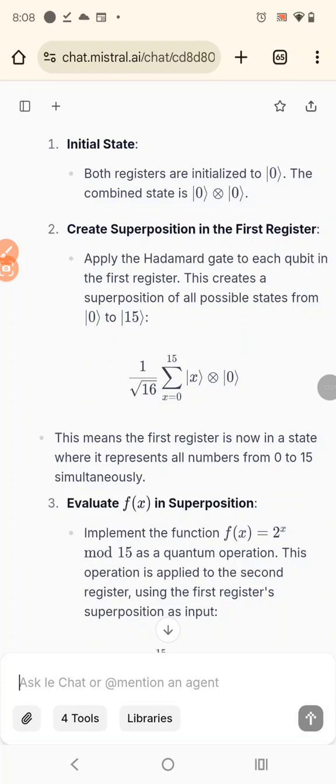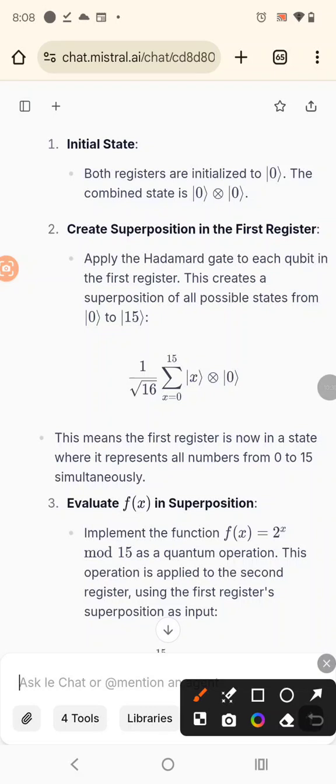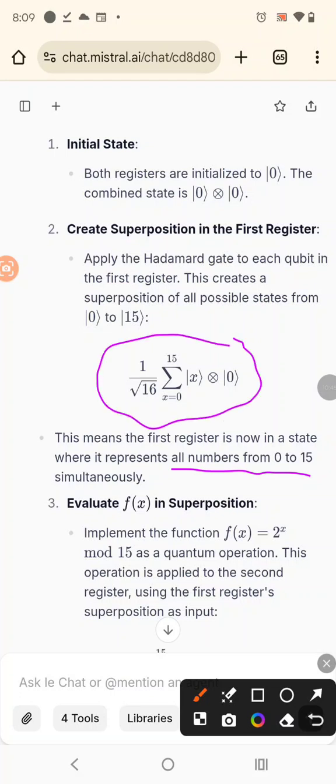So the first register is now in a state where it represents all numbers from 0 to 15 simultaneously.